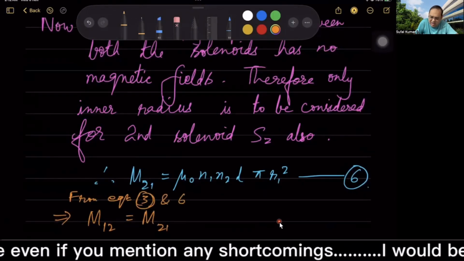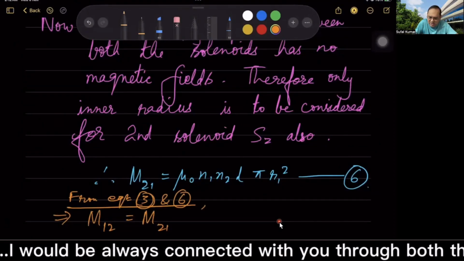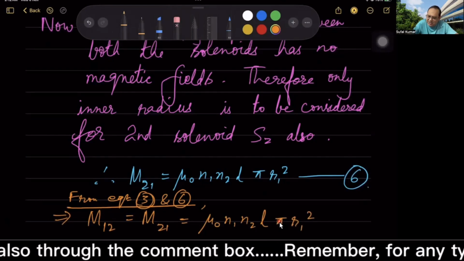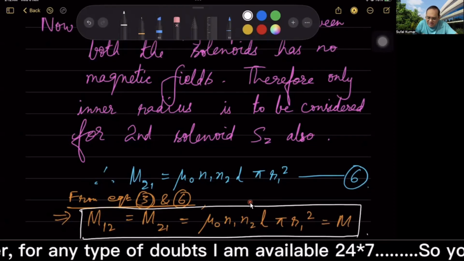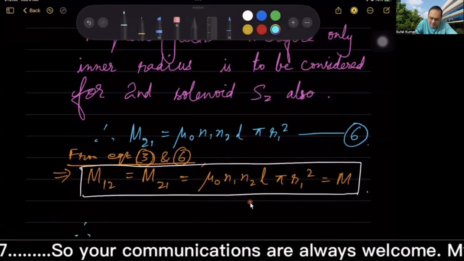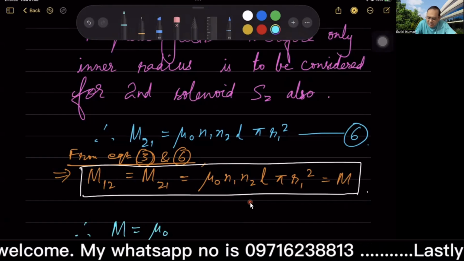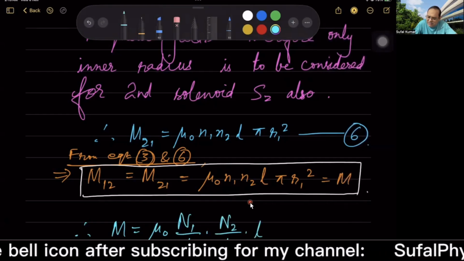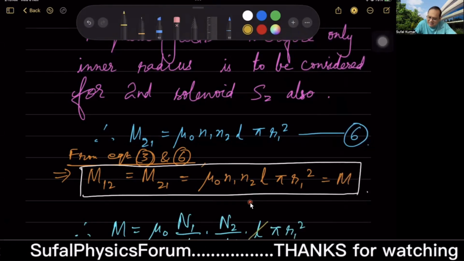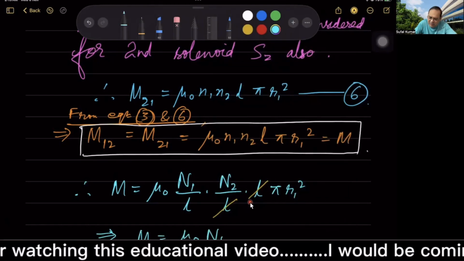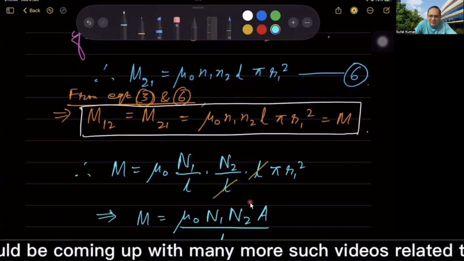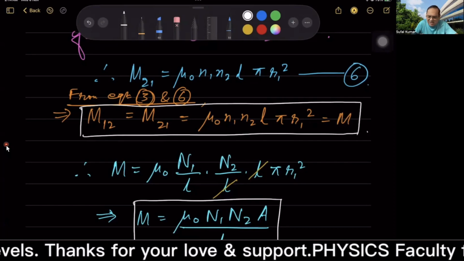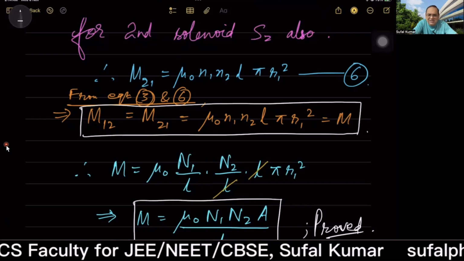From equations 3 and 6, M12 equals M21 equals mu naught N1 N2 L pi R1 square, and that is equal to M. If we transform this expression into a slightly simpler form, M is mu naught for small n1, N1 by L, for small n2, N2 by L, and L is already there, pi R1 square. L cancels. It implies that M is mu naught n1 n2 A L, where A is the smaller cross-sectional area, which is relevant for the purpose. So both these expressions are useful for numerical purposes. Hence, this heading is also done.